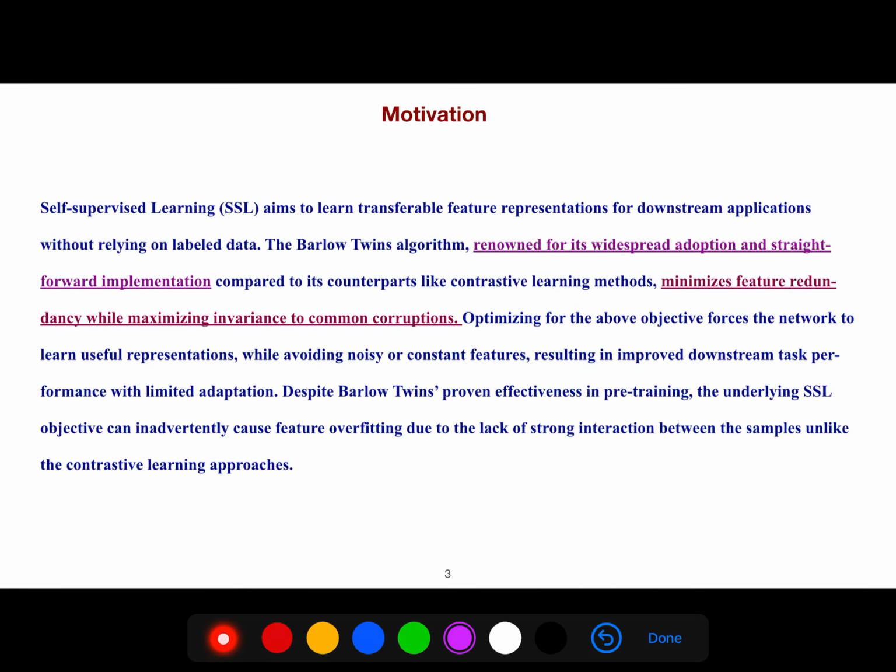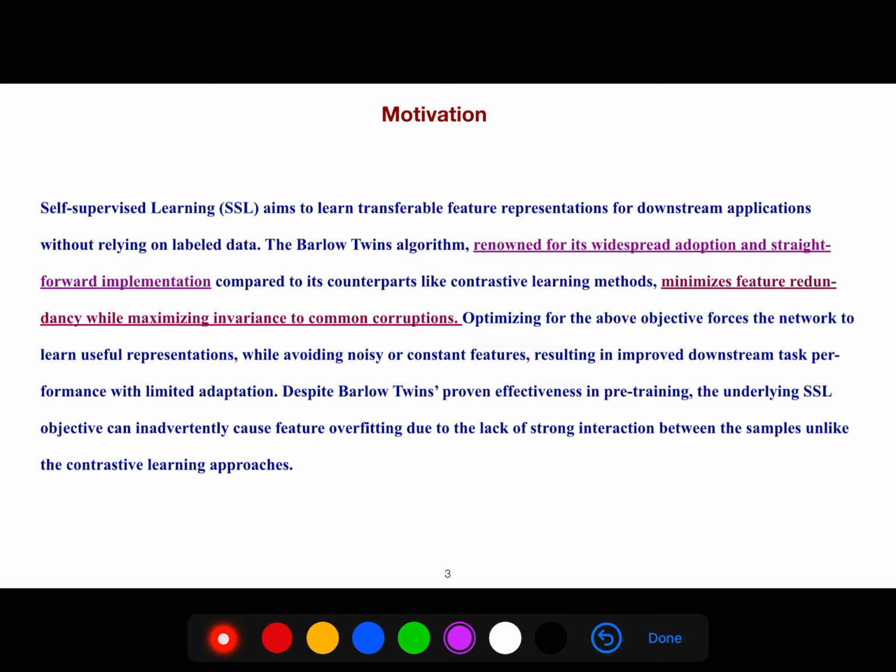Self-supervised learning aims to learn transferable feature representations for downstream applications without relying on labeled data. The Barlow Twins algorithm, renowned for its widespread adoption and straightforward implementation compared to counterparts like contrastive learning methods, minimizes feature redundancy while maximizing invariance to common corruptions.